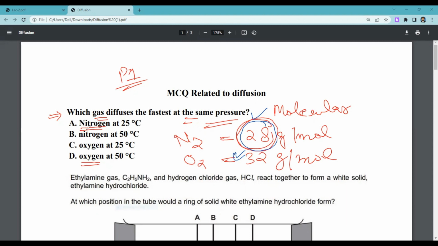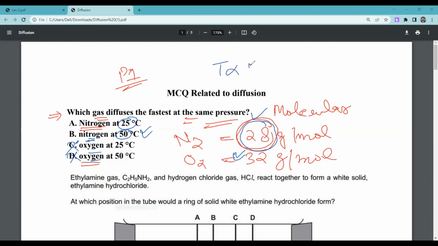In this option, these both options are incorrect because the molecular mass of nitrogen is lower. Then another factor is present here in this option. In two options, nitrogen is present. The first one is at 25 degrees centigrade and the second one is 50 degrees centigrade. It means that now we are considering the effect of temperature.